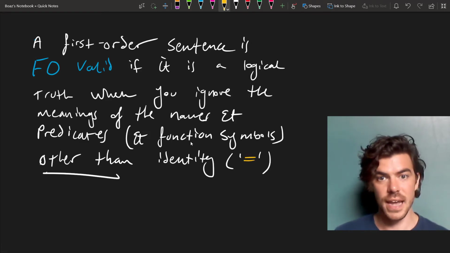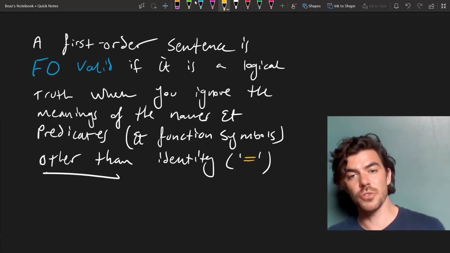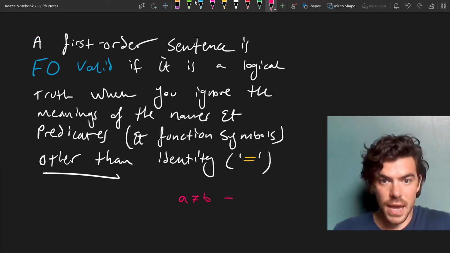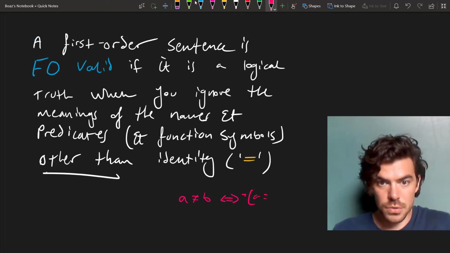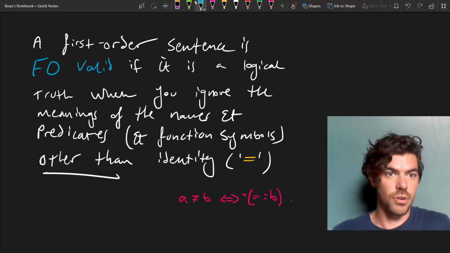We keep that intact. And recall from our earlier video that if we encounter does not equals, we'll translate this into equals plus negation, because A does not equal B is the same as the negation of the identity A equals B. That then gets us our notion of FO validity.